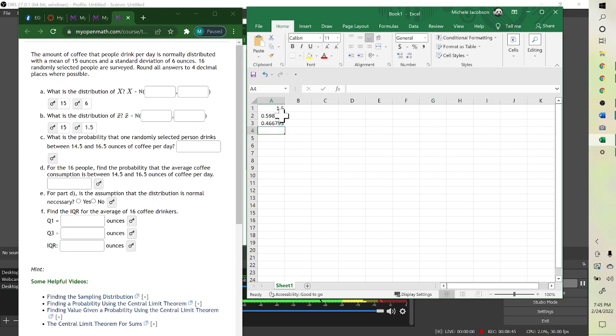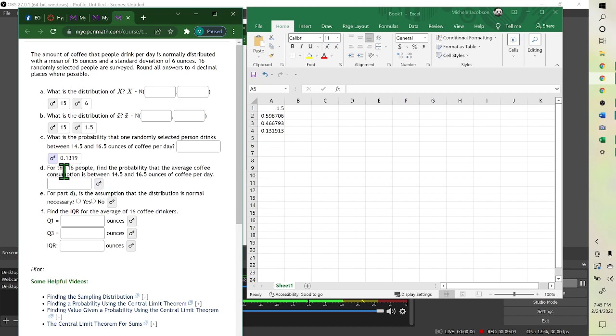So this is below the 16.5, this is the other. We subtract them and we find the amount in between. Equals, and we can click on A2 minus A3, and there's our answer.